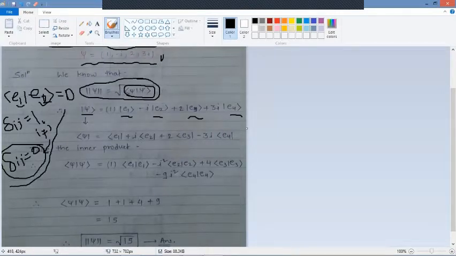So first of all, we have to take the dual space of this vector, the dual conjugation.